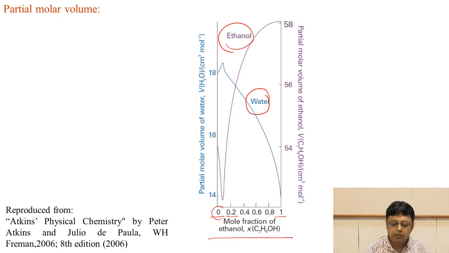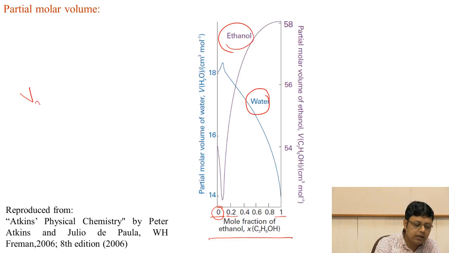Now think about it. When you start from pure water, where the mole fraction of ethanol is 0, the molar volume will be nothing but the molar volume of water itself. Molar volume of water you can easily calculate. Remember, we denote the molar volume as V suffix m. Water at normal pressure and temperature has a density of 1 gram per cc.